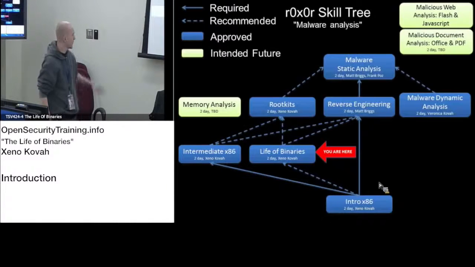So this year, Life of Binaries is being taught before the Intro x86 class. You'll see why you probably would have liked to have the x86 class before when we get to the virus lab and the Packer lab, especially the virus lab. That'll be kind of at the end. You'll see a lot of assembly implementing particular features, parsing through particular data structures that we're going to be talking about in this class.